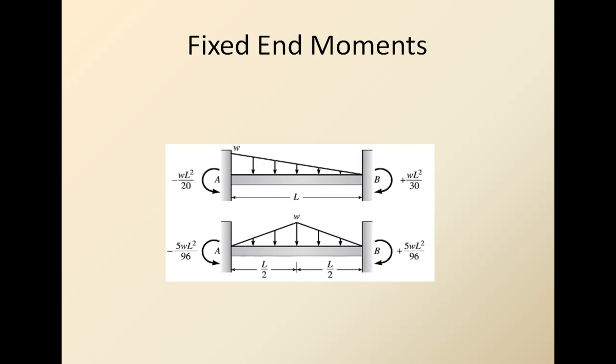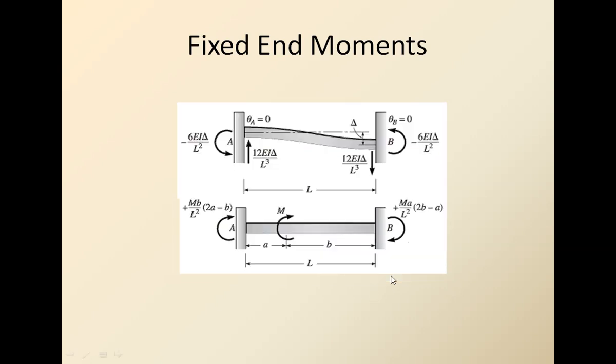Similarly, you have a triangular load with the maximum intensity at the middle of the span. The moment is 5 WL squared by 96. And we have already seen the moment due to settlement of support, that is 6EI delta by L squared.